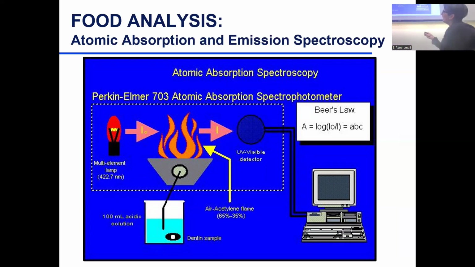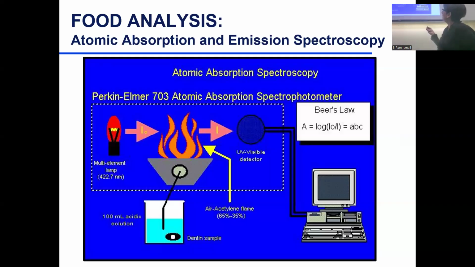Now, this is your lamp that you change based on the atom that you're analyzing, iron, calcium, sodium, etc. And then it gives out the light in the correct energy range. And the atoms in the flame absorb light. The remainder of the light after absorption, the transmitted light, will go into a detector. And the detector will convert the reading into an absorption that you read in your software.